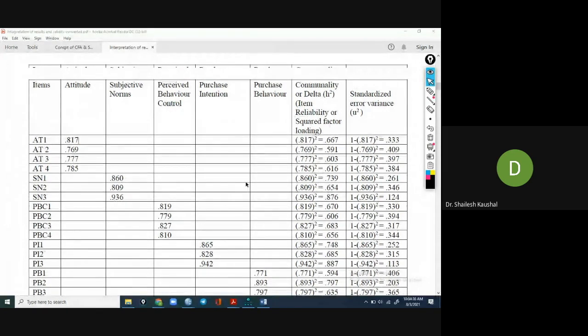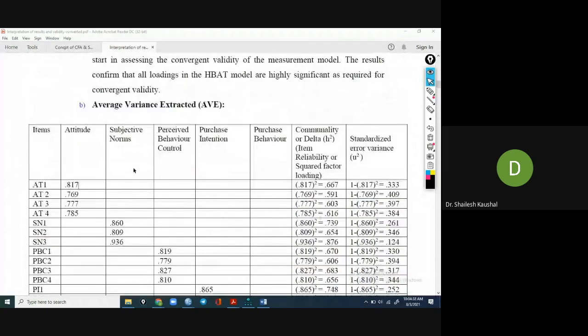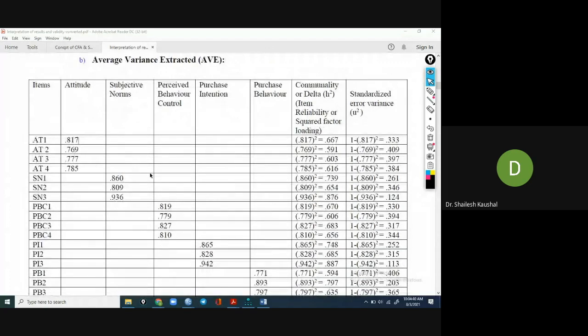Second is the average variance extracted. Sometimes it is not necessary that all the standardized values are greater than 0.714. Sometimes one or two values may be less than 0.714.